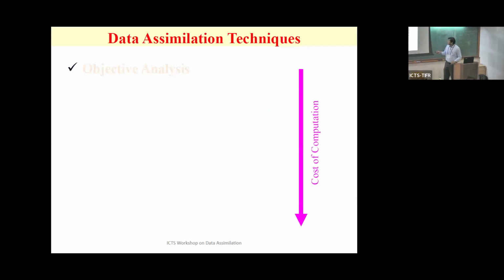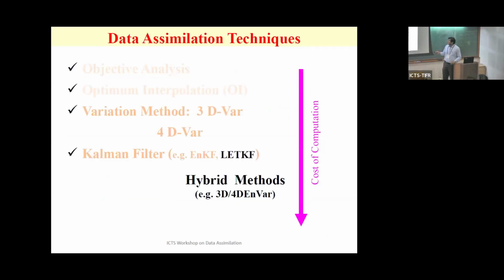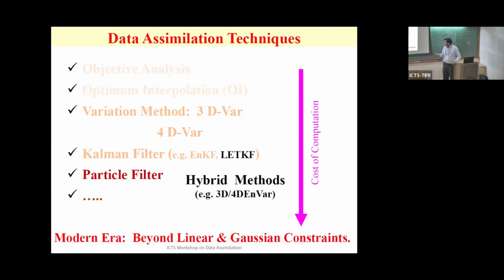Now as you increase this, you will face the problem of computational cost as you change the methodology from variational to Kalman filter, then there are different variants of Kalman filter. And then in theory there is one method which is the particle filter. And maybe in future there will be much more.